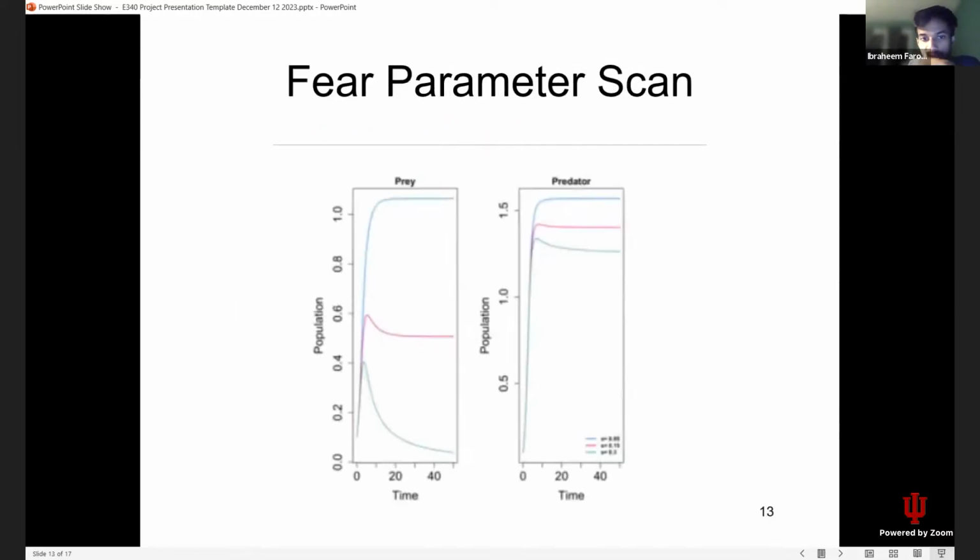So here, as we would expect, understanding what the fear does to the system, we can do a little parameter scan, changing S. I screenshotted this at a very low resolution, but this green is a higher S, purple is a lower S, and blue is the lowest S. In the time series parameter scan, what we expect is that with a higher fear, the prey get more scared over time and therefore have a lower growth rate because the predator population is increasing over time.